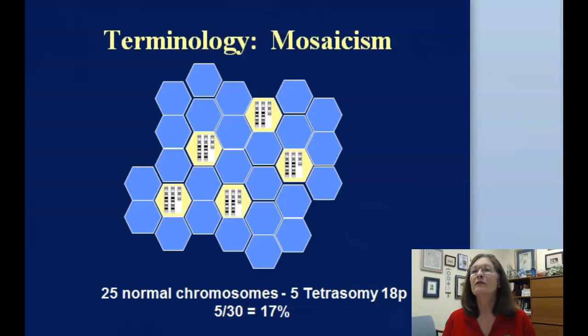So 5 out of the 30, or 17% mosaicism is what's shown here. But people can have two different cell types where both cell types are abnormal, or they can have mosaicism where one cell type is normal and one is abnormal. Mosaicism is quite rare. It's only a couple percent in most of the conditions, except for ring 18, where I think about half have mosaicism of some sort. So that's more common in that group, but that's another term that you may hear.